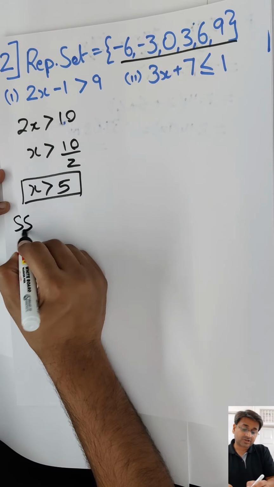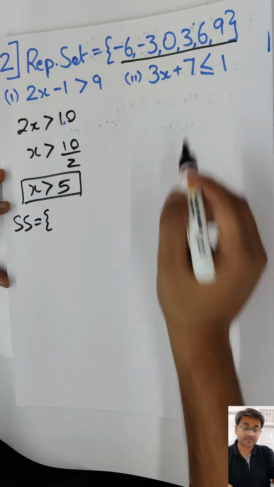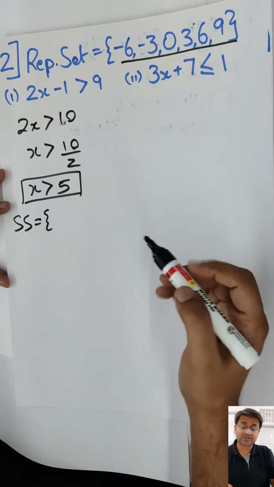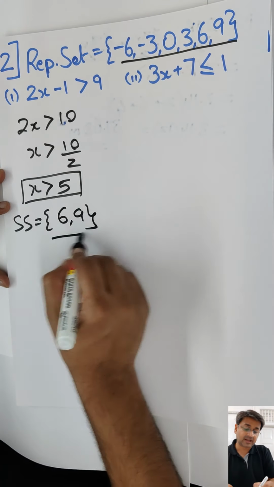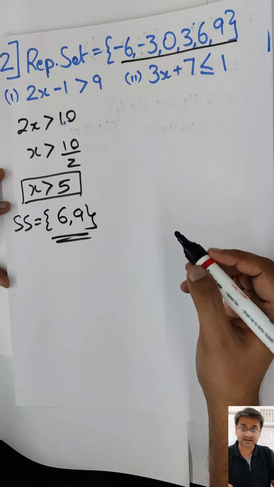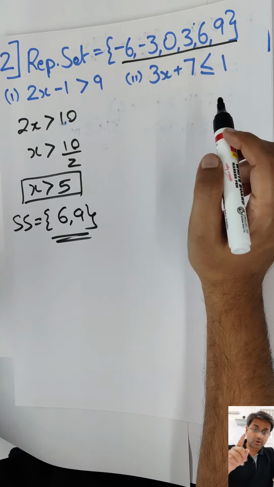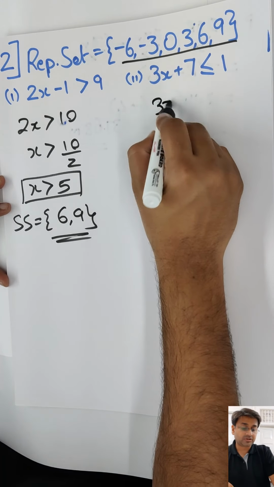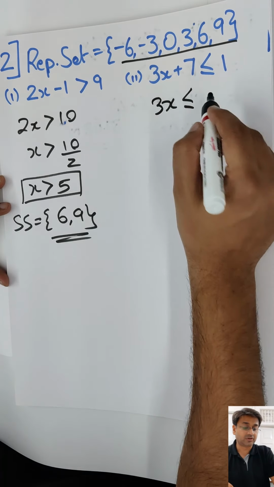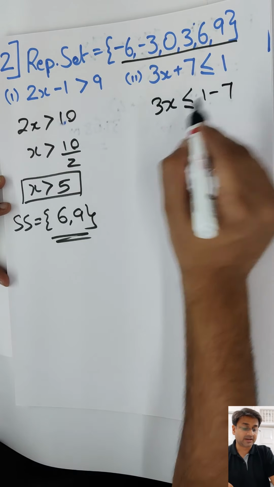And solution set: greater than 5 from here. So what are the numbers greater than 5? Only 6 and 9. So that becomes your solution set. Easy, isn't it? Let's try the other one. Come on, pause on your own, come back once you're done. So 3x less than or equal to 7 goes on the other side. So 1 minus 7.